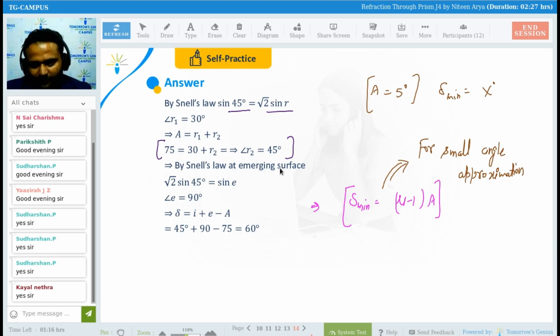So if the angle of prism A is given as 5 degree and the angle of minimum deviation is given as x degree, then with this small angle approximation, we can find this mu directly. Clear?